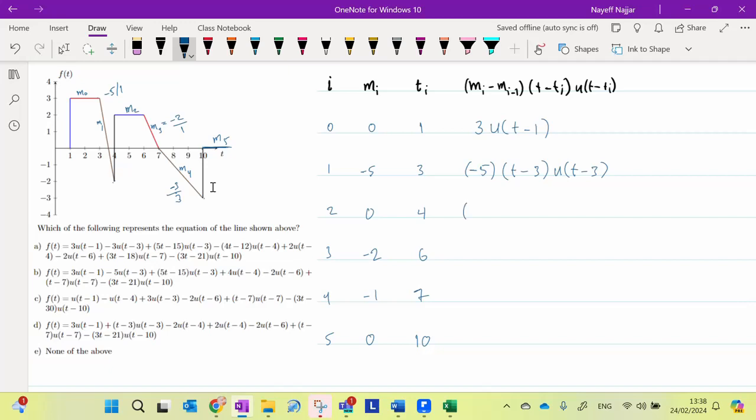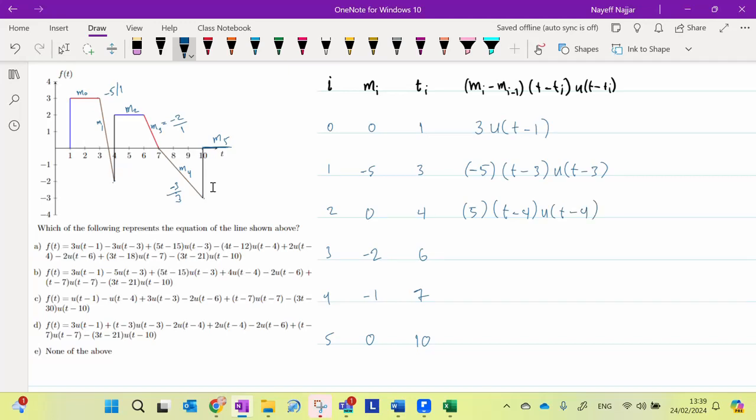The exception should be only at the beginning, it looks like, because I need to have this line in here. You have to understand some background here. You cannot just follow the method blindly. For this it is 0 -(-5), so this is 5, and this is (t -4) u(t -4).